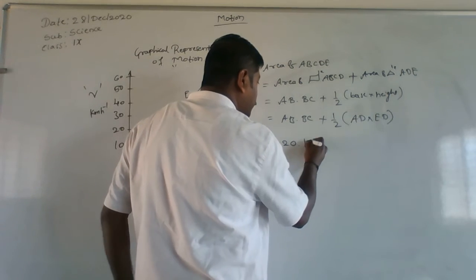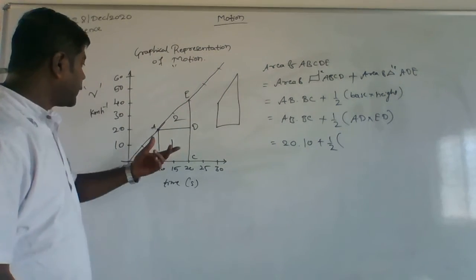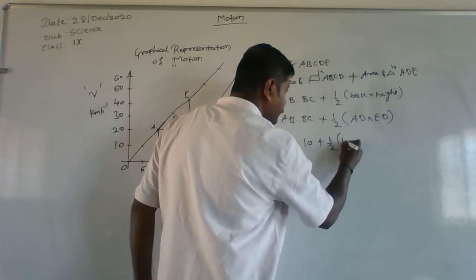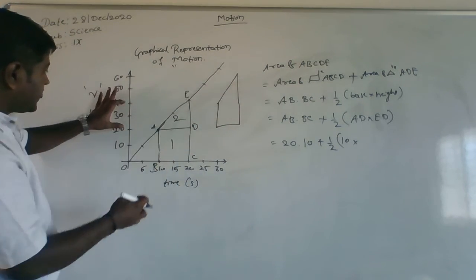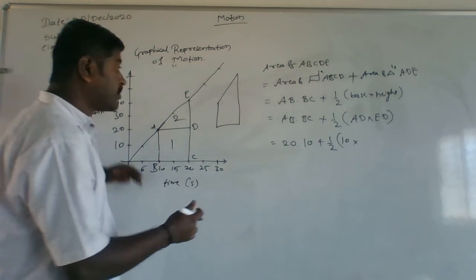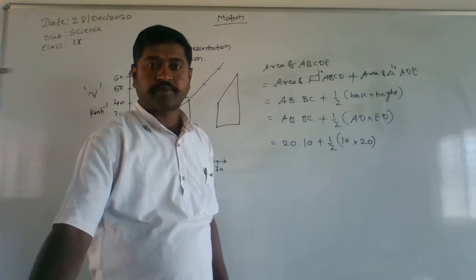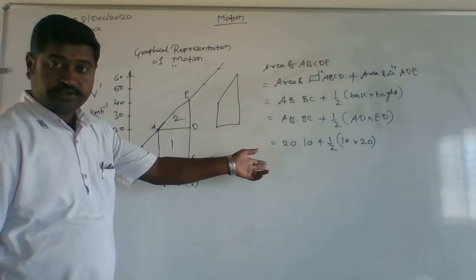So 20 into 10 plus half into AD. AD again is nothing but BC, it is 10, into ED. How much is this ED? From 20 to 40. So again it is 20. Did you all understand how to get those values?